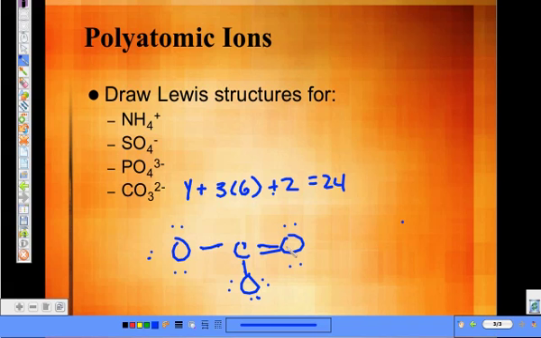Now carbon has an octet and that oxygen has an octet. To finish off the polyatomic ion, you always have to put the brackets with the 2 minus. There you go.